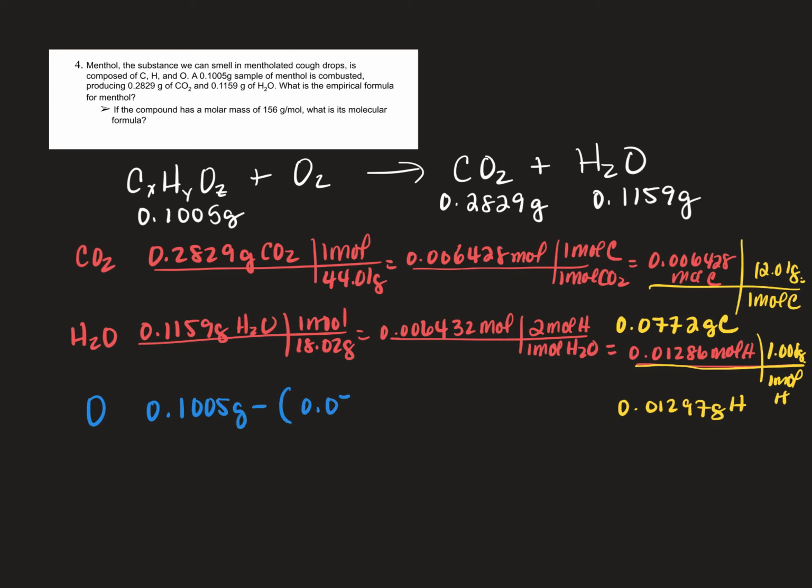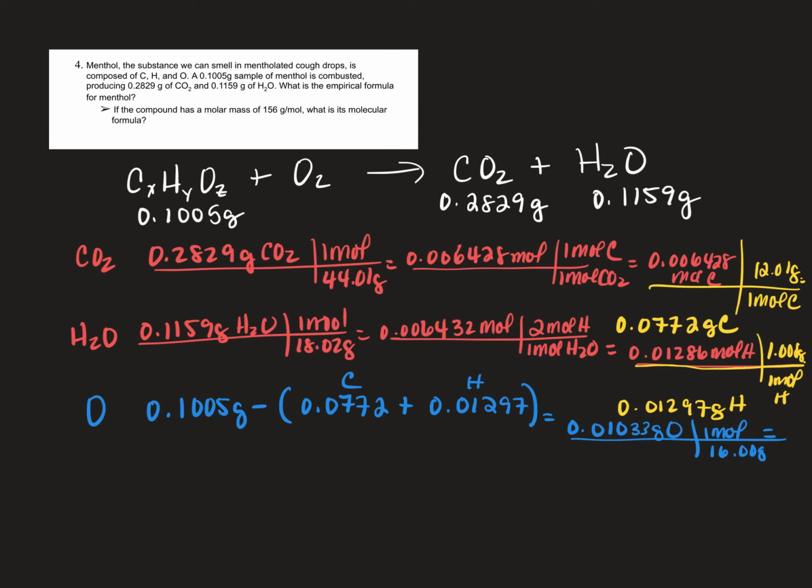So now for the oxygen, we're going to take the 0.1005 grams and subtract 0.0772 plus 0.01297 grams. This is the carbon and this is the hydrogen. I get 0.01033 grams of oxygen, and in 1 mole of oxygen there's 16 grams.